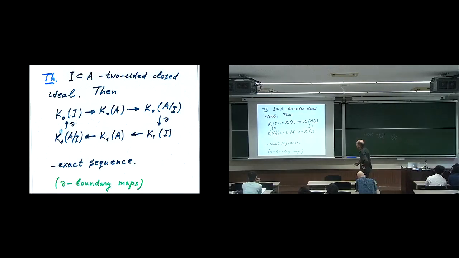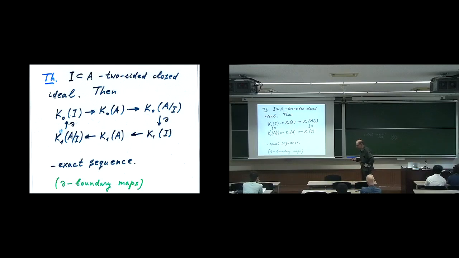Now let's see what happens, it's an important tool. The K-theory of an ideal, an algebra, and the quotient are related by this so-called six-term exact sequence. This is an exact sequence, a cyclic six-term sequence. And there are some boundary maps which I don't define, but I must say that in most cases they can usually be calculated using naturality.